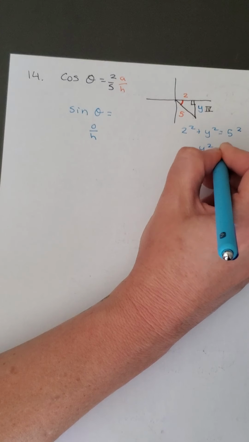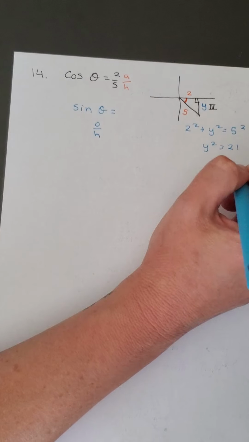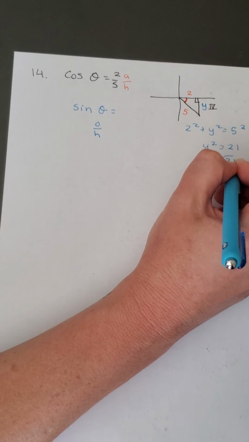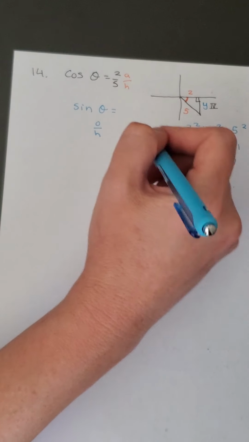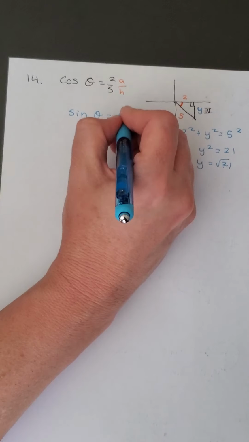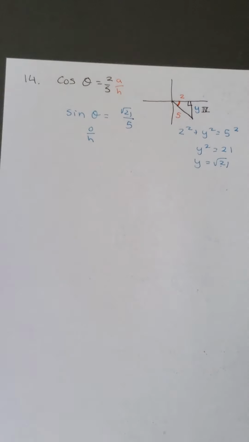So y squared equals 25 minus 4, which is 21, so y is the square root of 21. So sine would be opposite, which is square root 21, over hypotenuse, which is 5.